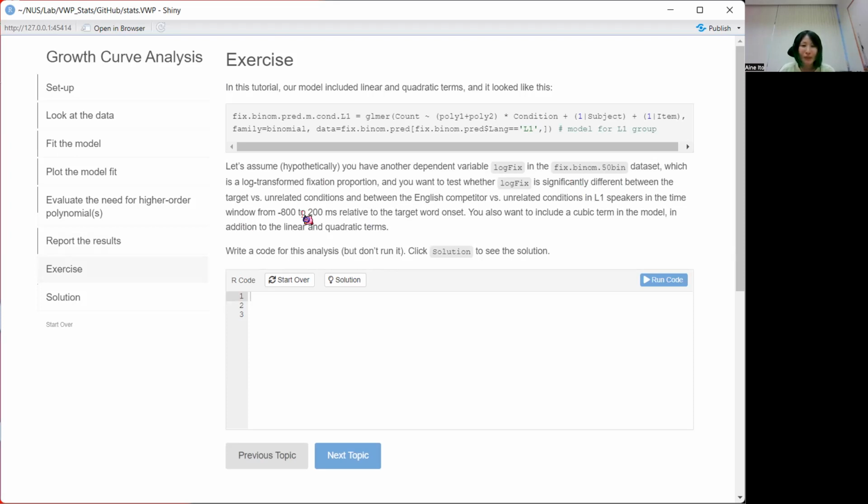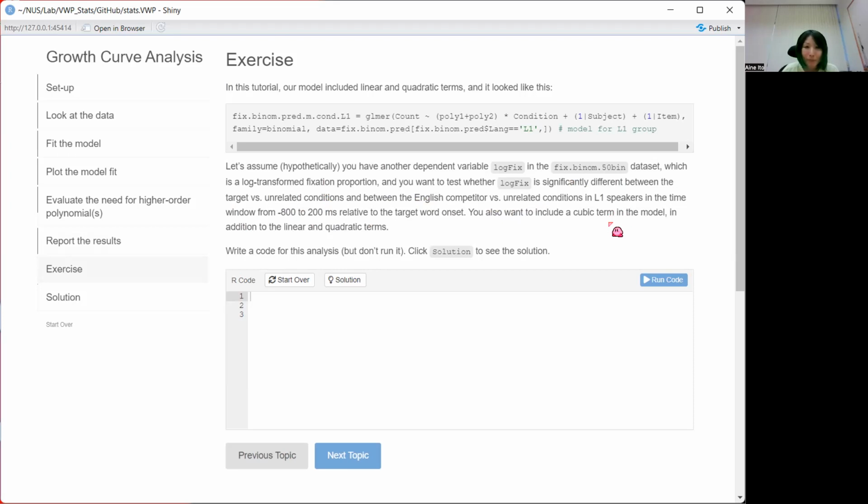This is the log-transformed fixation proportion, and you want to test whether this dependent variable is significantly different between the target versus unrelated conditions and between the English completion and unrelated conditions in A1 speakers.